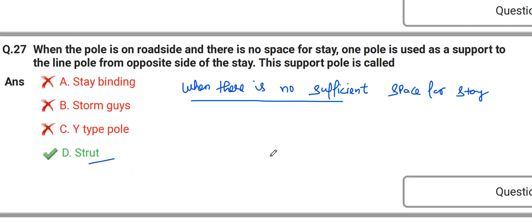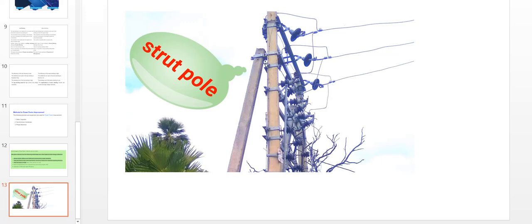Strut poles are supporting the stay poles, because if we want to supply power from one end to another, like to a home or office, and there is no sufficient space for this process, then we can use the strut pole. With the help of a clamp, we connect the strut pole with the stay poles. So this is a strut pole, you can see.